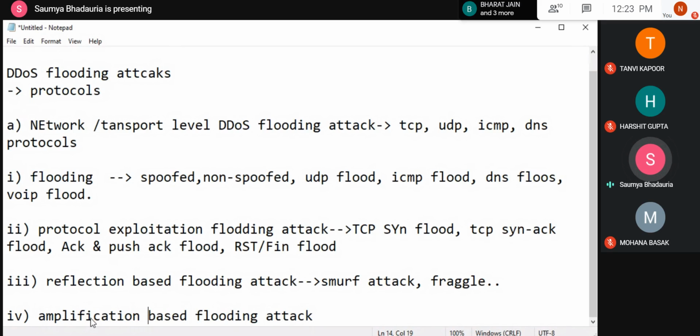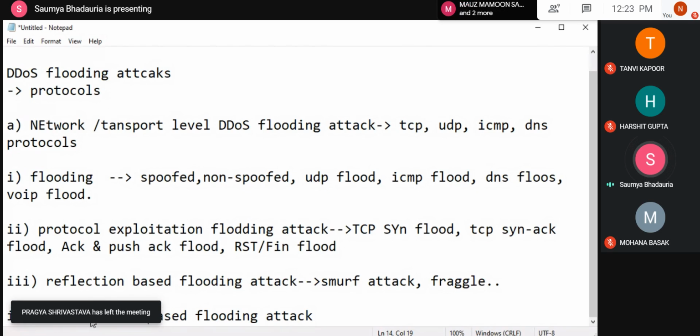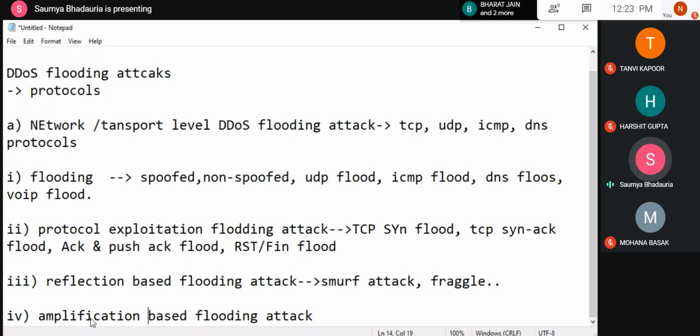As the name says, it is something where your request or the response would be multiplied in number and then the effect would be generated. Here your attackers majorly exploit these services to generate large messages or multiple messages for each message they receive, to amplify the traffic towards the victim.